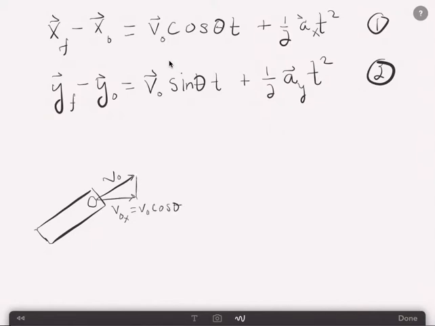And the same will go for the y direction. Okay, so we need to know those things, and we need to know this angle.